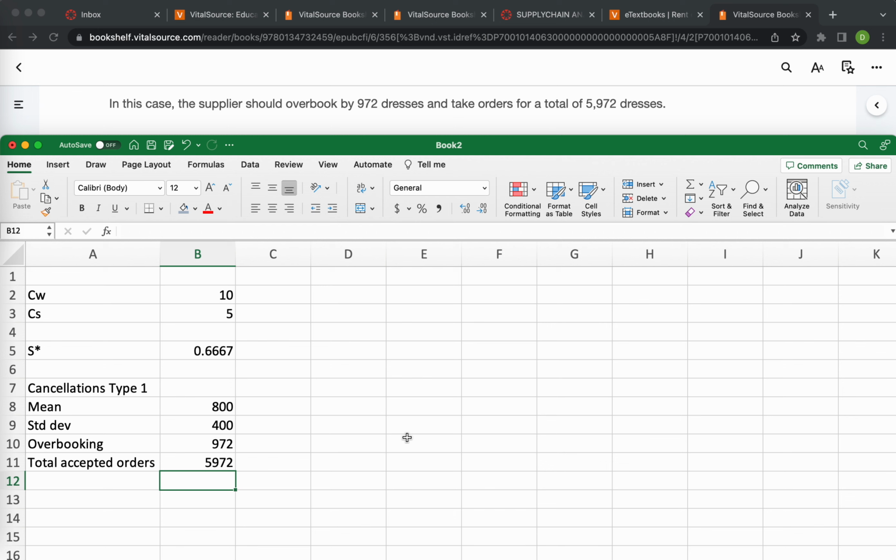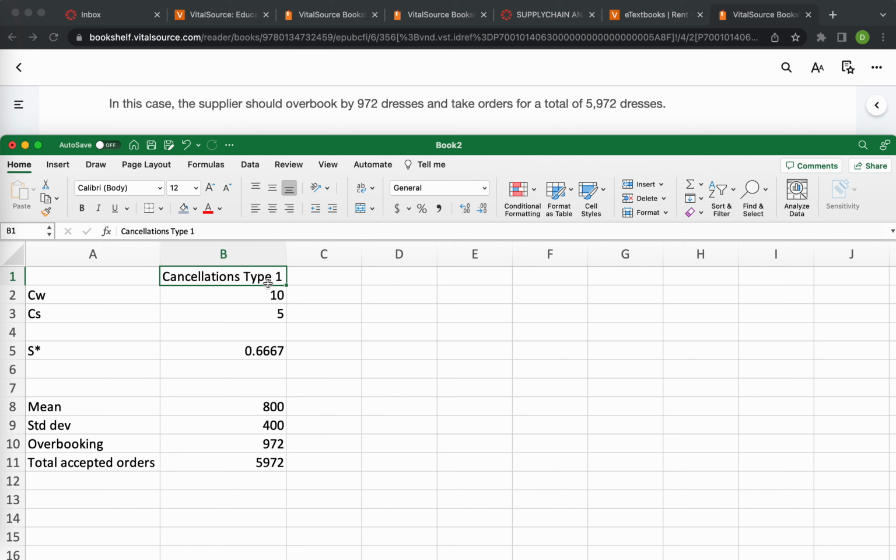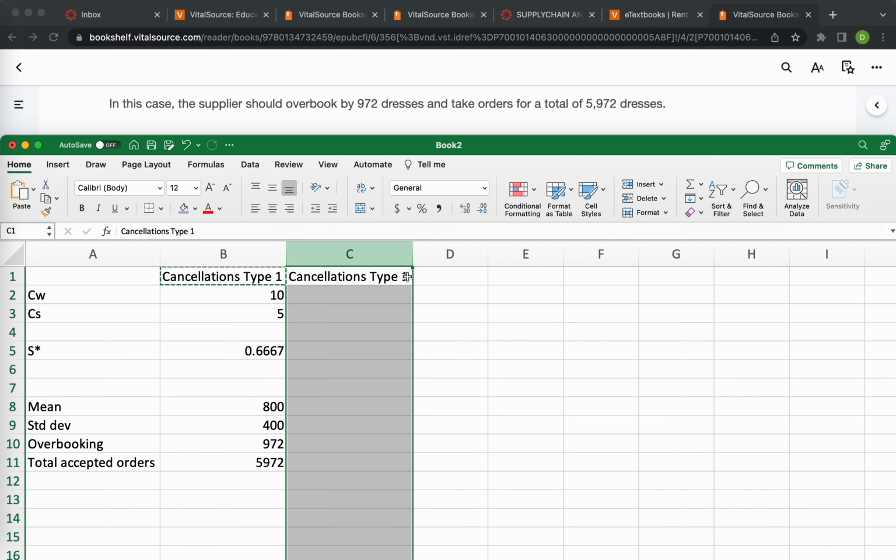Now instead, the same data, just going to copy that over.